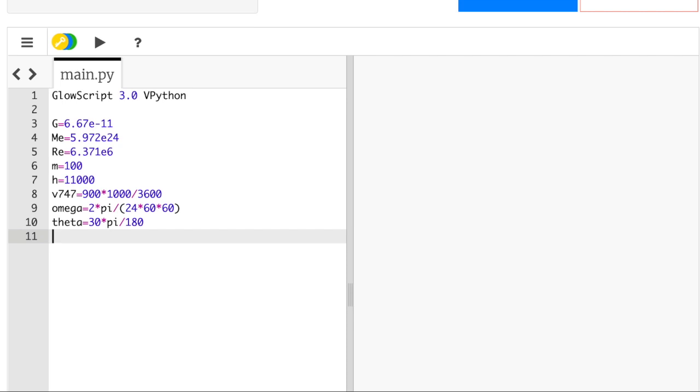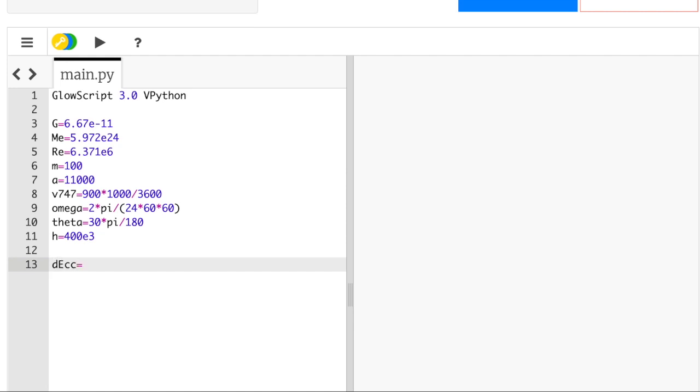Mass of the Earth, I have radius of the Earth, A. A is the launch altitude, and H is low Earth orbit, which is 400 kilometers, 400 times 10 to the third. Okay, so let's do DECC.